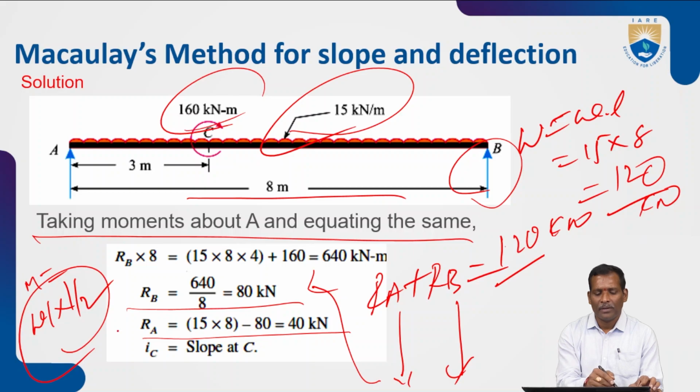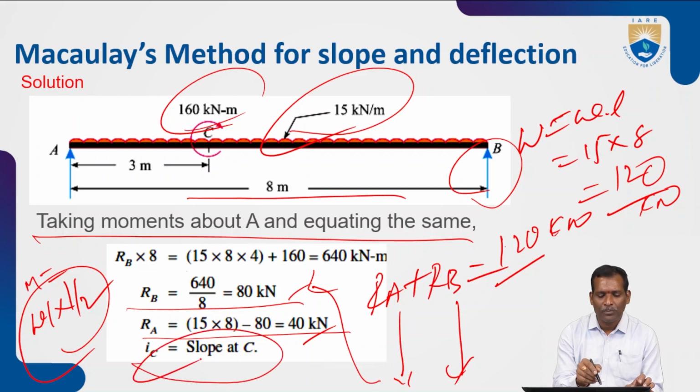Now calculate RB and RA. We will get 80 and 40. Now what has he asked? What is the slope at point C?